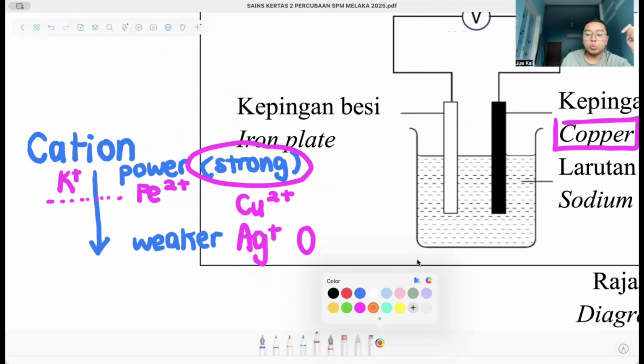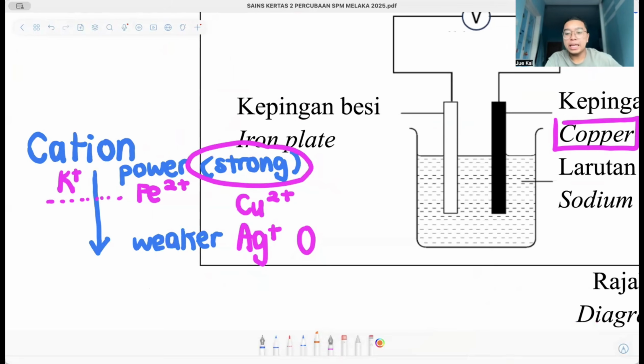What is the purpose of changing the plate? What am I doing this experiment to produce? What energy do I want to produce? Yeah, good job, Qixuan, electrical energy.